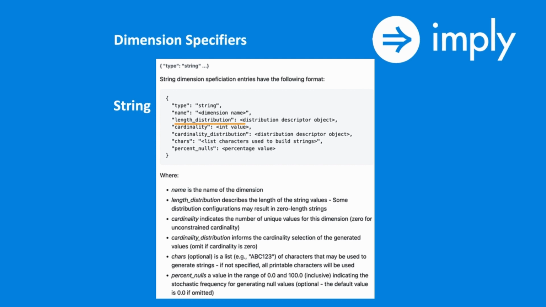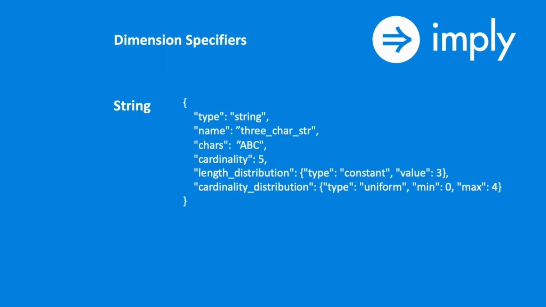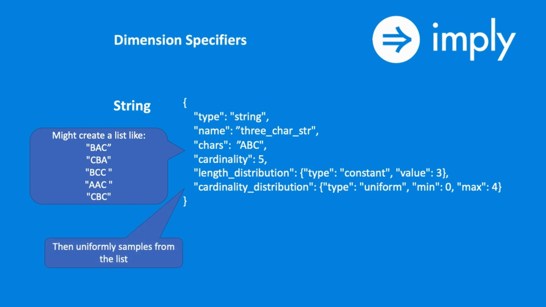We can specify the length of the generated strings by using one of the 4 distributions. One final thing we can optionally specify in the string dimension specifier is a cardinality and an associated cardinality distribution. The way cardinality works is that the dimension specifier creates a finite list of values, and then the cardinality distribution determines how the dimension specifier samples from those values.